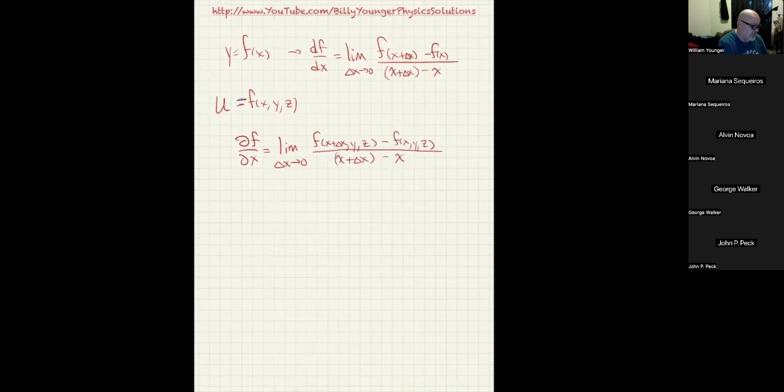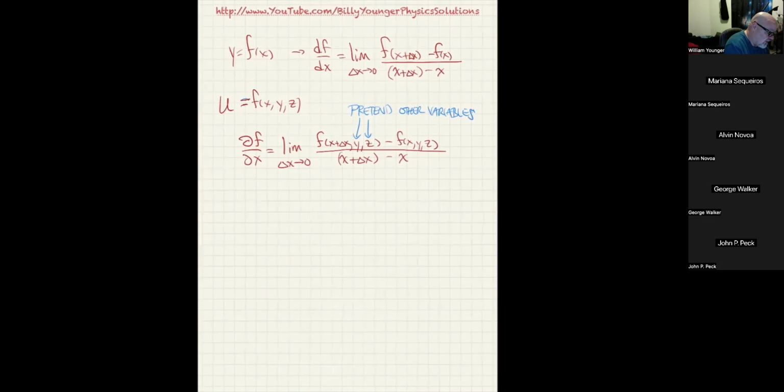So you see, it's literally just pretend that y and z are constants. So that's the difference. So it's really not that big a deal to do a partial derivative in comparison to a regular derivative. You're just pretending that the other variables are constants.